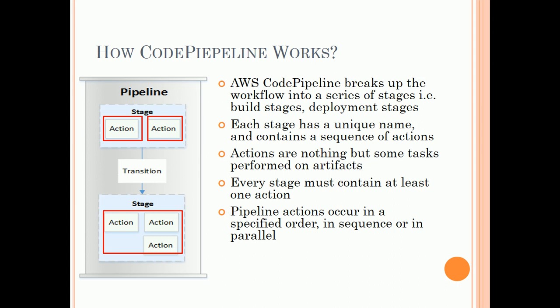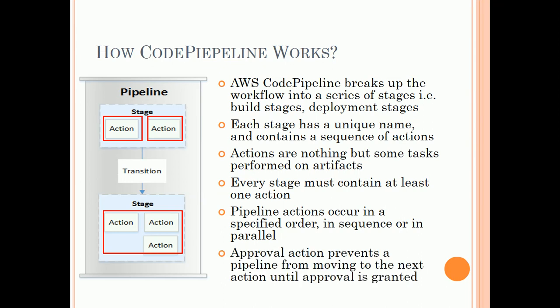Depending on the type, the action might have one or both of the following: an input artifact, which is the artifact it consumes or works on over the course of the action run, and an output artifact, which is the output of the action. Every output artifact in the pipeline must have a unique name, and every input artifact for an action must match the output artifact of an earlier action in the pipeline.